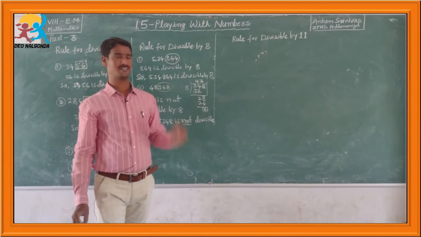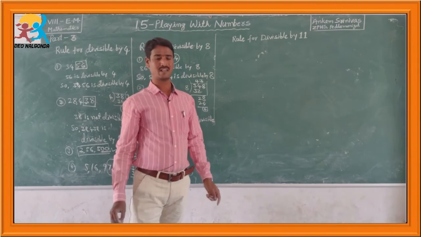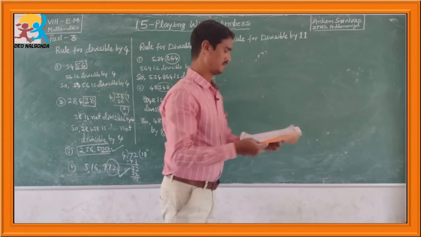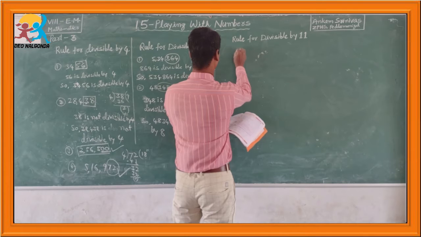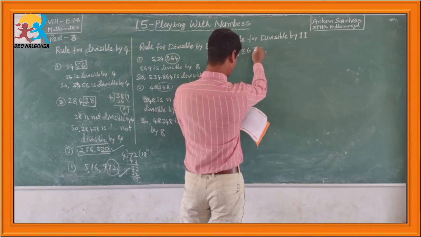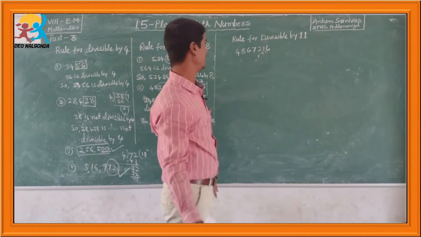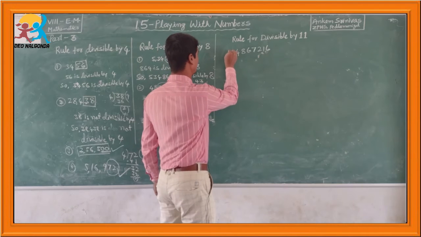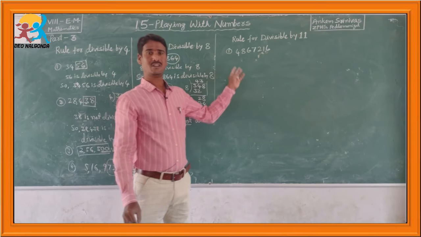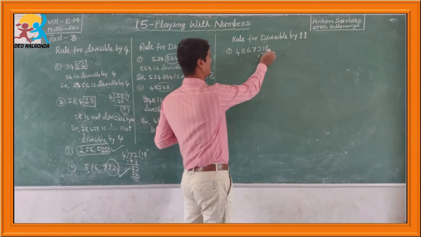Go to the next rule, the rule for divisibility by 11. Take one problem: 4,8,6,7,2,1,6. I have taken one number. Check whether it is divisible by 11 or not. To check this, we use even place values and odd place values.